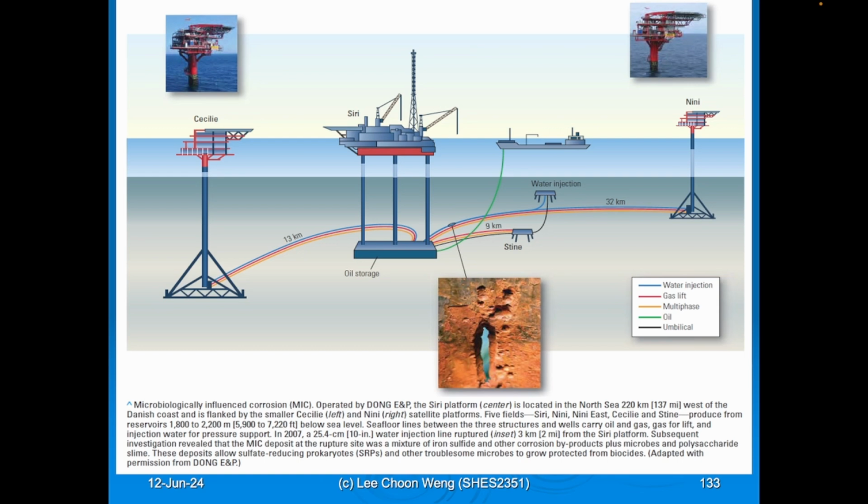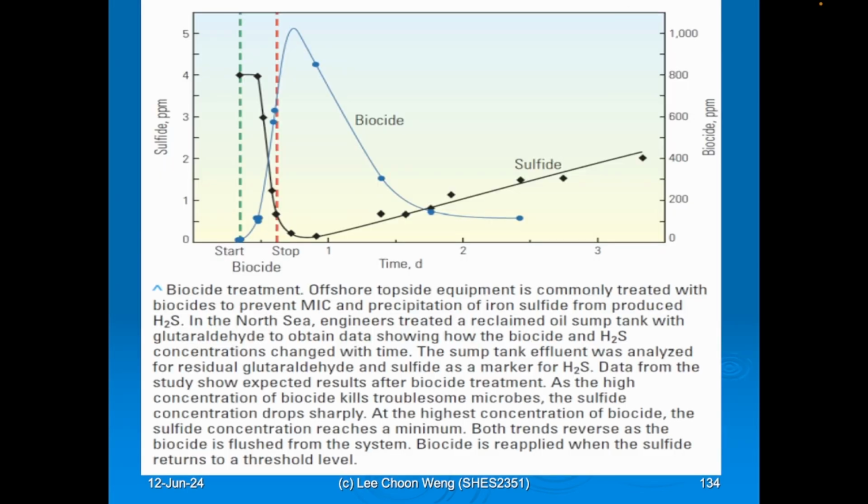Microbiologically induced corrosion is a serious problem in the petroleum industry, where holes and cracks can be formed by bacteria. We can see the effects of bacteria where sulfide concentrations are high. That means there are sulfate reducing bacteria that reduce sulfate and release hydrogen sulfide.